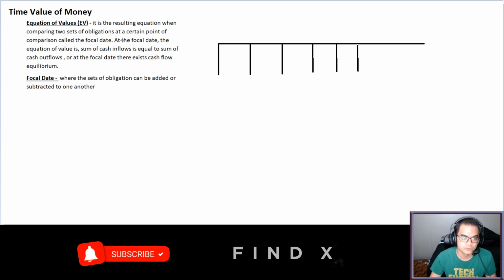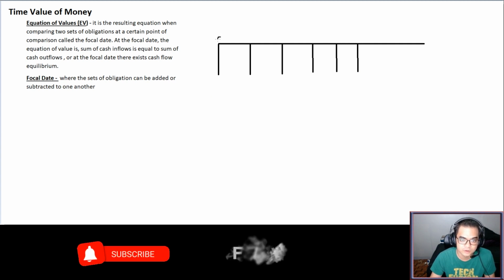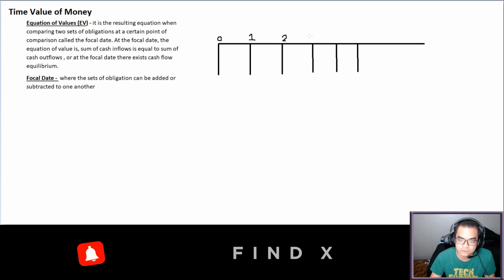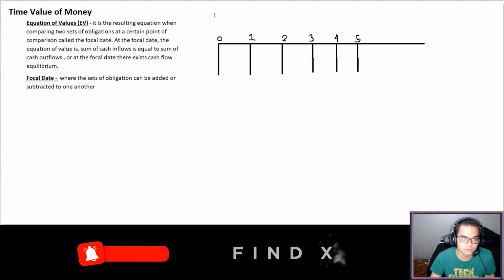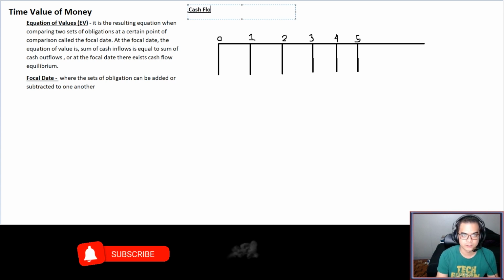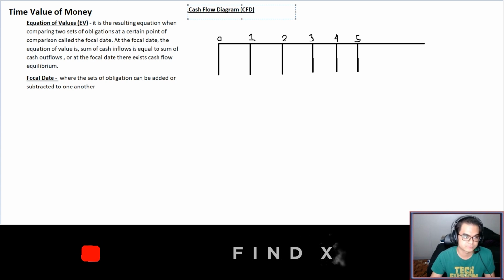This is our year zero and year one, this is your year two, year three, year four, and year five. Remember that what we call this is the cash flow diagram, or you can also say your CFD.